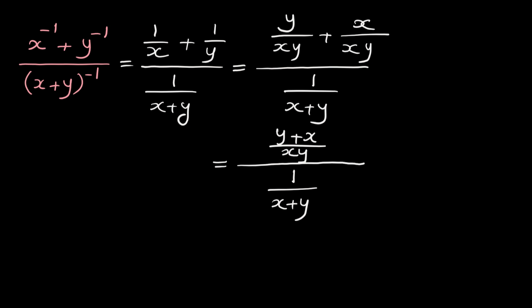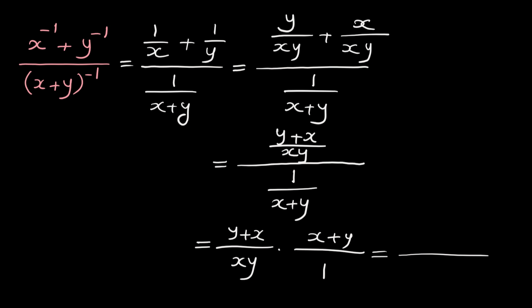So we have y plus x over xy times x plus y over 1. We invert the denominator. Look at the numerator. Multiply numerator by numerator, then you have x plus y to the 2, and in the denominator you have xy. Same answer. And maybe this time this method works a little better.